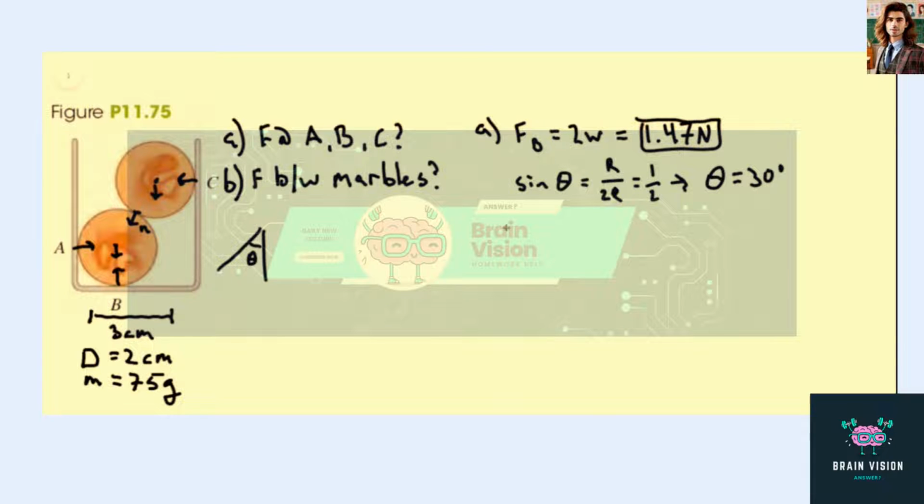Now we use the fact that the torques have to add up to 0. And we're going to compute them about the center of the lower marble. So FC times 2r times the cosine of theta, that's the torque that C is exerting, minus WR equals 0.